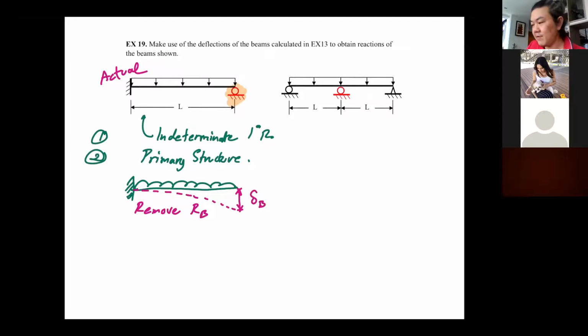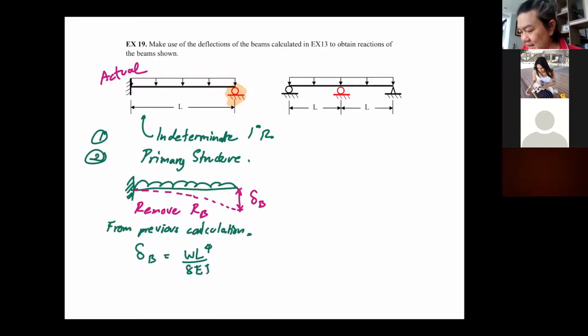And from the previous calculation, delta B is equal to WL to the power 4 over 8 EI. So now the second step is done. If it's not done, it is your job to calculate this. And that's one displacement.